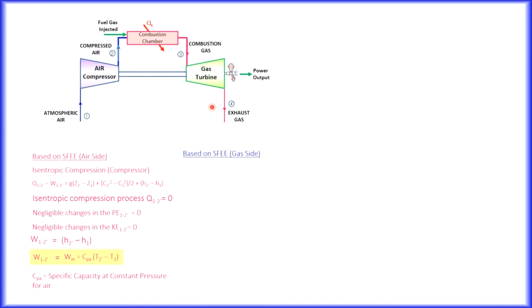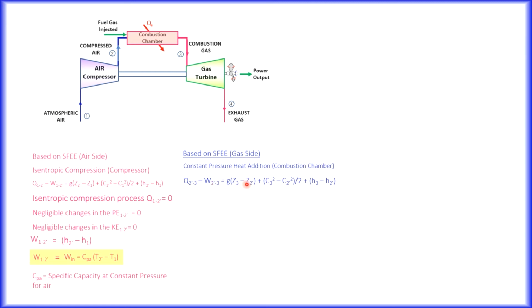Based on the steady flow energy equation again, the combustion chamber or the combustor is considered the gas side. We don't usually consider it as A side. That's what happens inside the combustor, it is turning to gas, which is why I say gas side. So the constant pressure heat addition, again steady flow. This time you have heat, but you have no work.